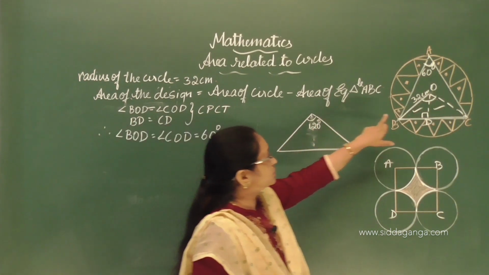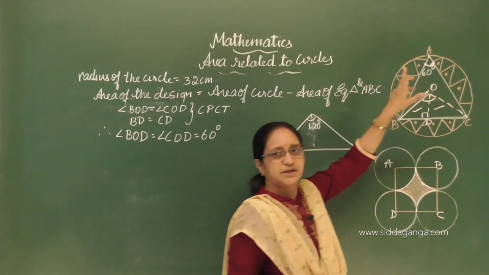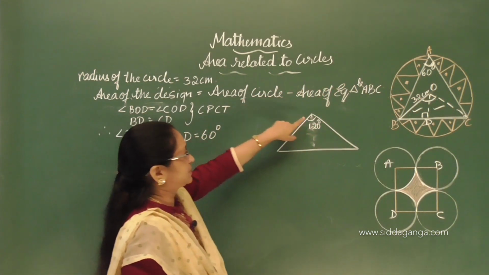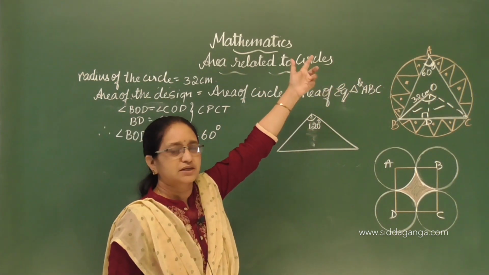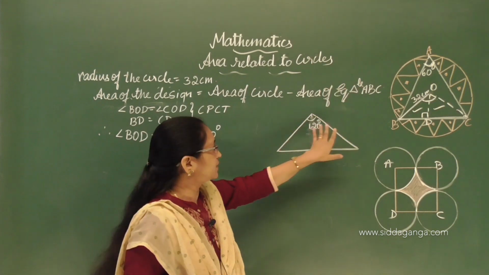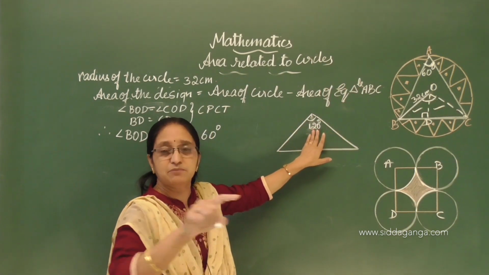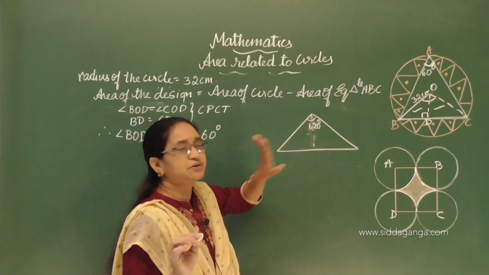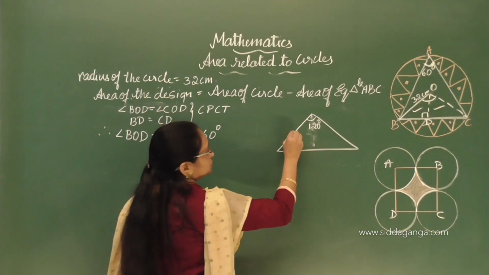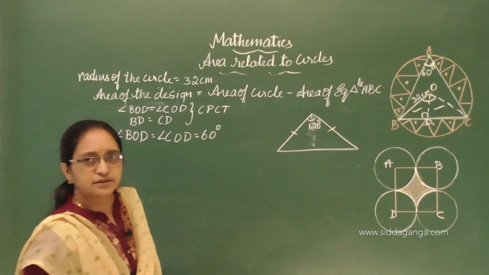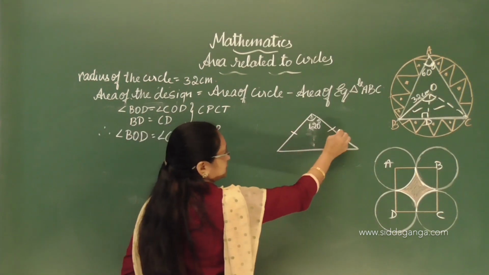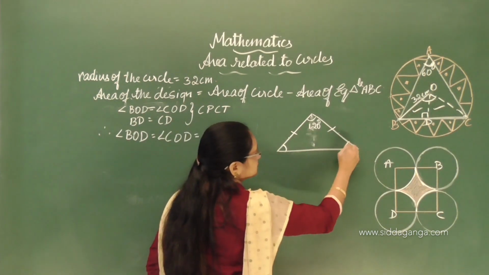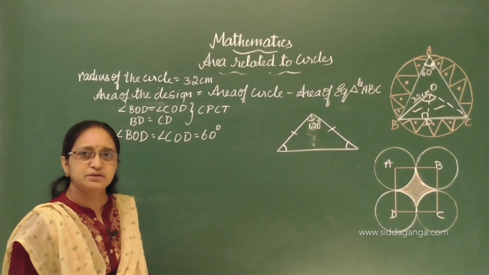So 120, you all know by using the same concept, that the angle subtended at the center will be twice that of the angle subtended at the circumference by the same arc, by the same chord. So this will be 120, and you all know these two sides are equal. So when these two sides are equal, definitely these two angles will be equal. Do you agree?